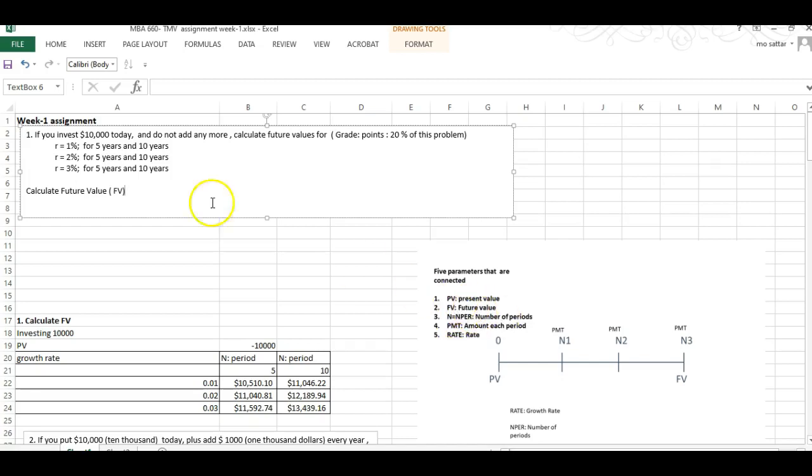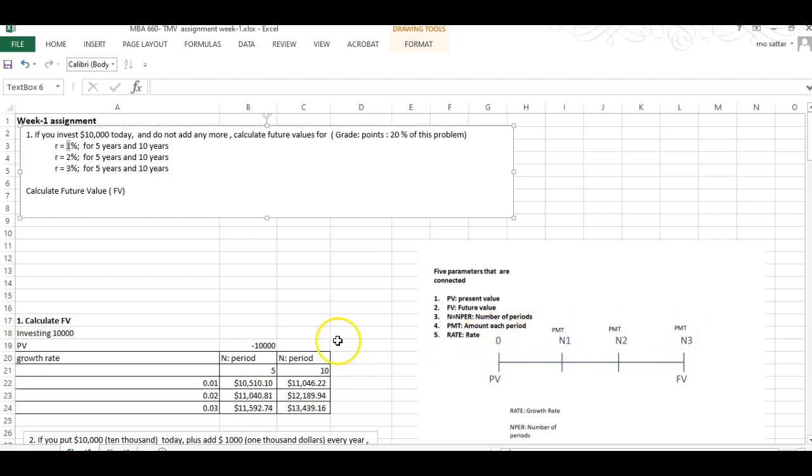For NPER, we're going to do different scenarios for 5 years and again for 10 years. So that NPER would be the 5 years or the 10 years. And the rate is different for each one of these. First one is 1%, second one is 2%, third one is 3%. PMT, which is the amount added, there isn't any, so that amount will be 0.